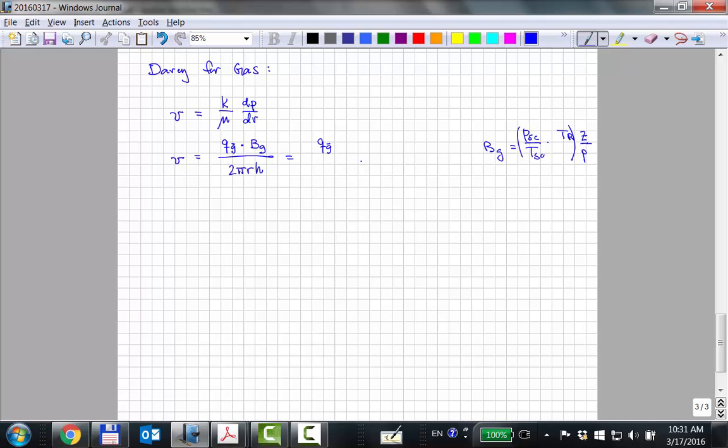QG, let's collect all the constants together. PSC, TSC, reservoir temperature. We've got 2 pi H, like that. And then we've got Z over P. That's velocity. You have to help me if I'm missing something.